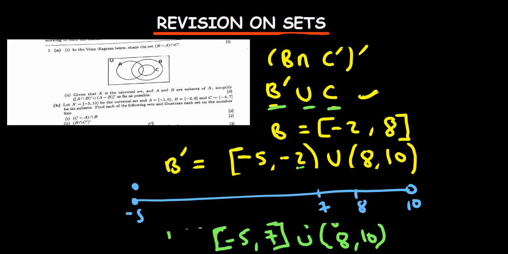So that will go all the way up to where 7 is, closed. Then from 8, open up to 10. So this is your final answer to that question. Any question on this one? No questions, it is clear.